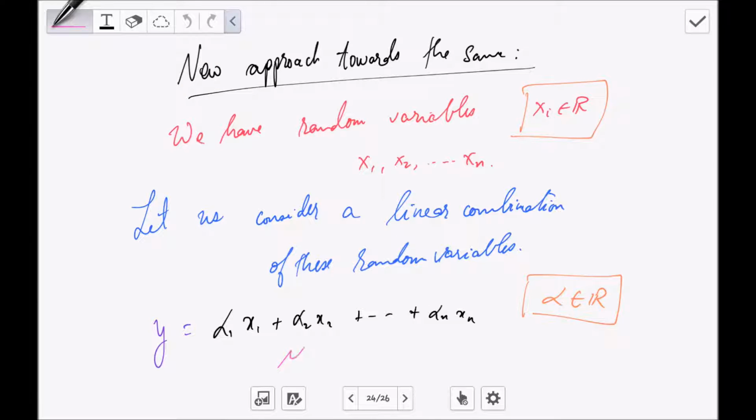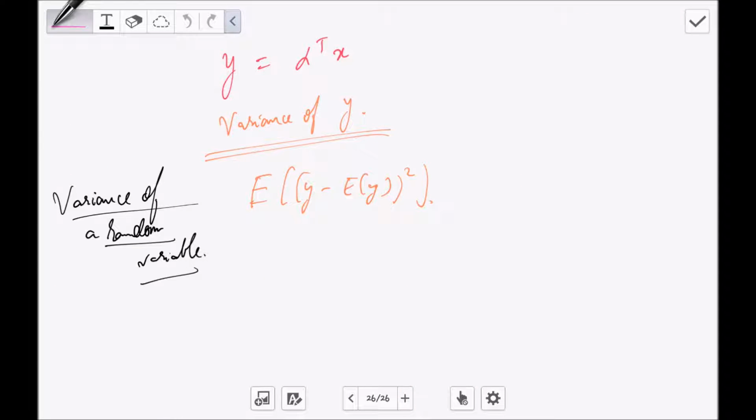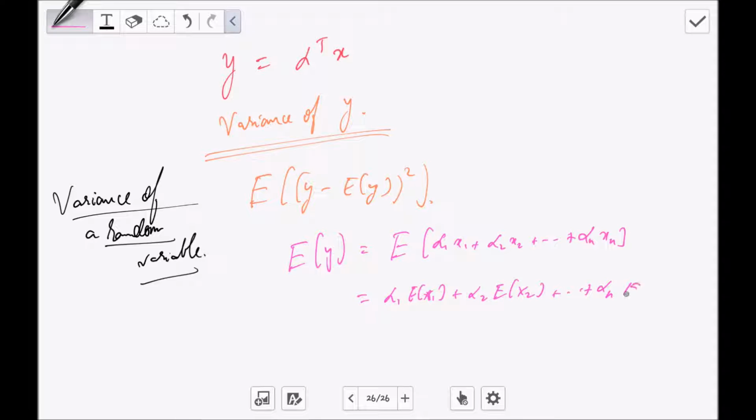The mean of each xi is mu i. Now I want to find E of y. That will be E of alpha 1 x1 plus alpha 2 x2 plus so on up to alpha n xn. This will be alpha 1 E of x1, because E is a linear operator, plus alpha 2 E of x2, so on up to alpha n E of xn. This will be alpha 1 mu 1 plus alpha 2 mu 2 plus so on up to alpha n mu n.